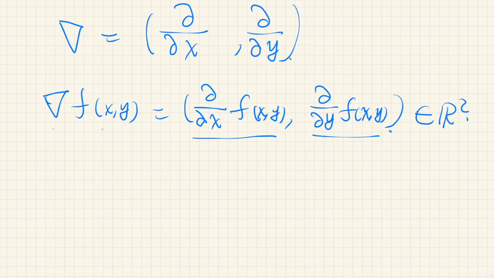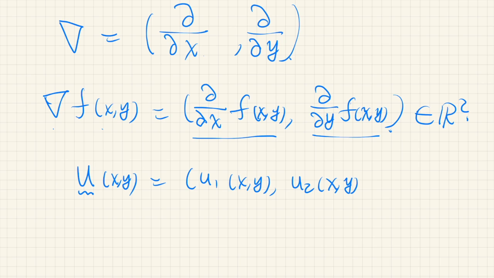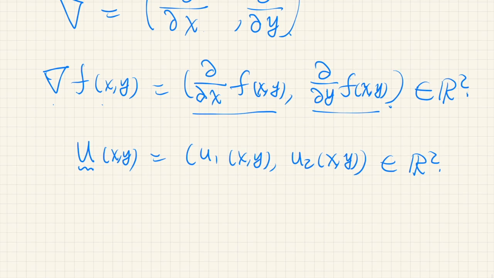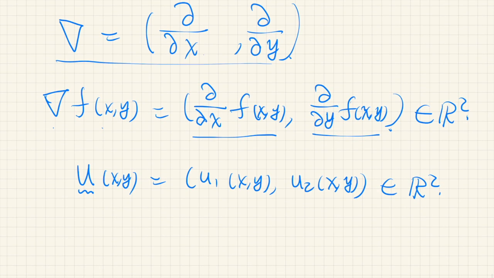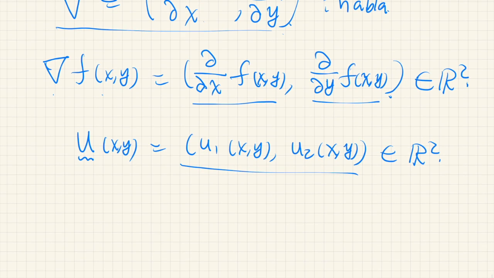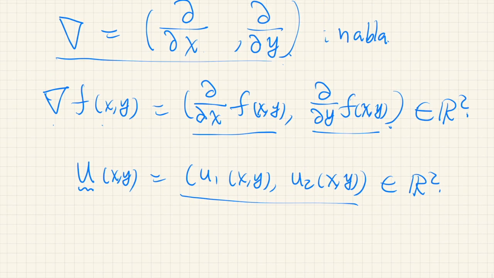And if we have a vector valued function, so let's say u, that is u1 and u2. So this is a vector valued function. And since this Nabla, let's write Nabla, is a vector and this function is a vector, then we can have the scalar multiplication or dot product.